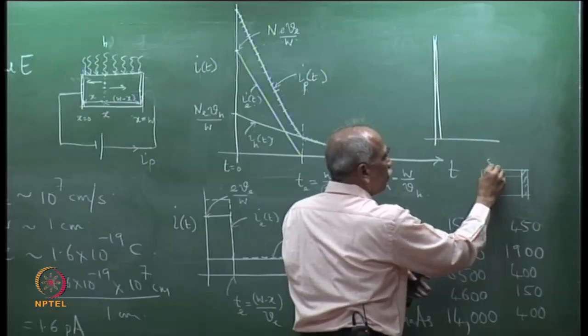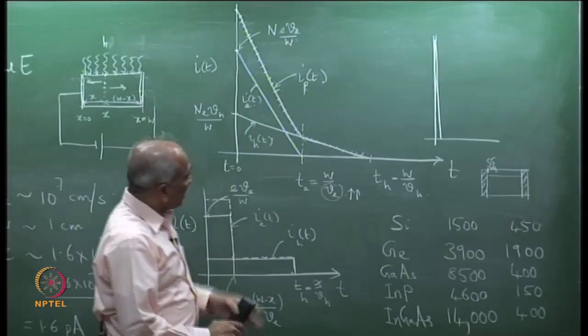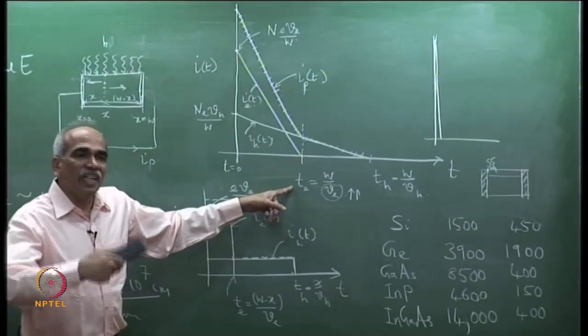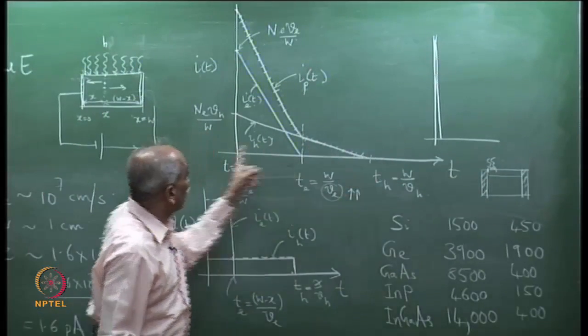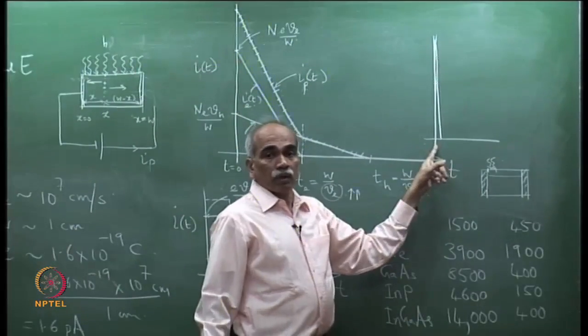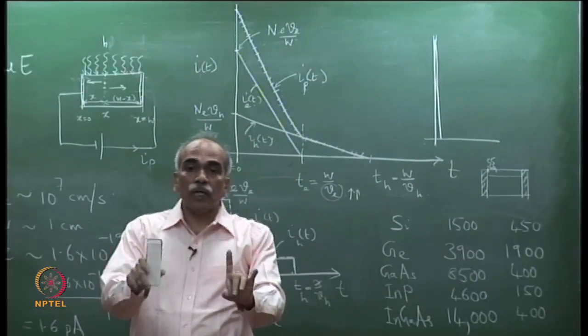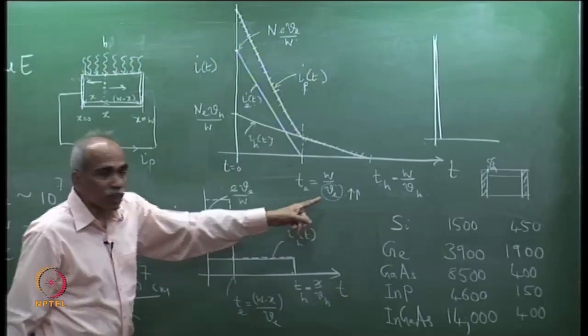This is the window where all the photons are incident. Then T_e will also be slightly larger to match T_h, so that this pedestal can be removed and we get a nice impulse response like this. First thing, we want T_e equal to T_h and as small as possible. How can we have as small as possible?